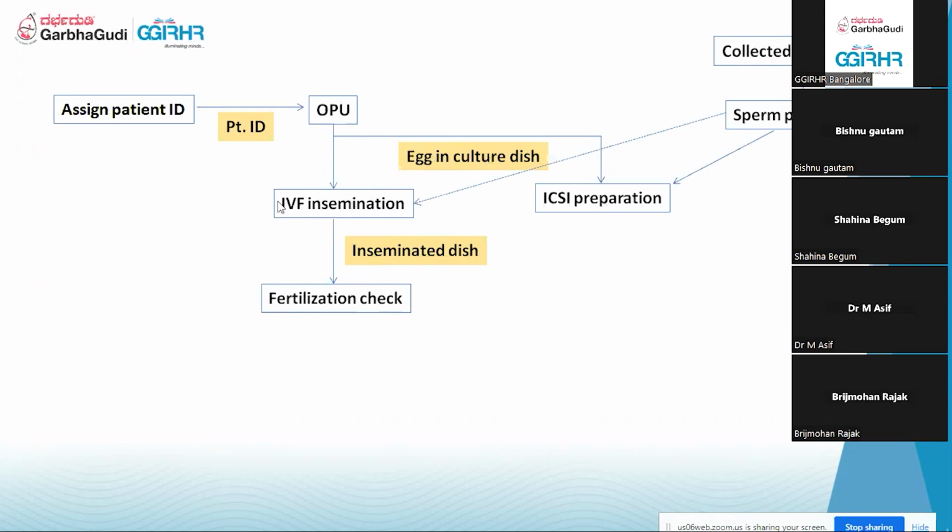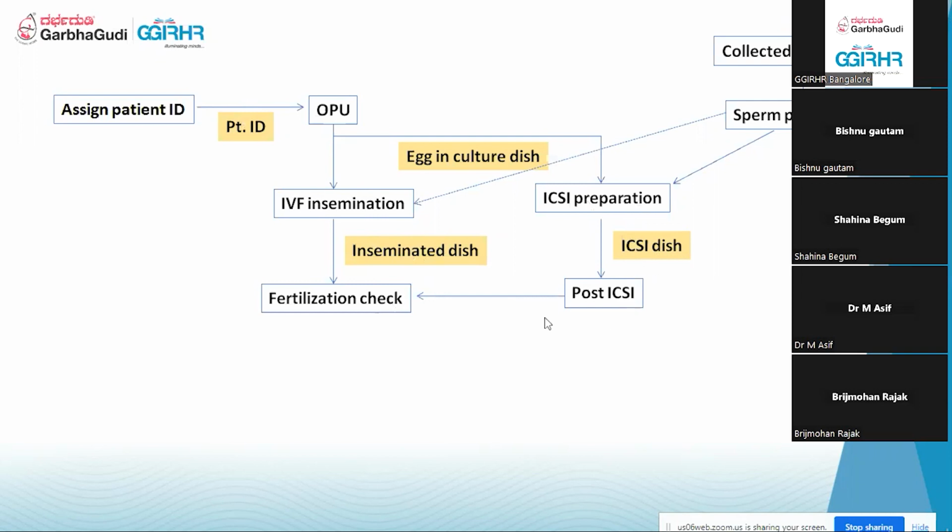After doing this procedure, we keep the embryos for embryo culture, which is coded with the RI witnessing system. By doing the fertilization check also, we can confirm this sample belongs to the same patient. Then after post ICSI also, the ICSI dish can be coded with the RI witnessing system.